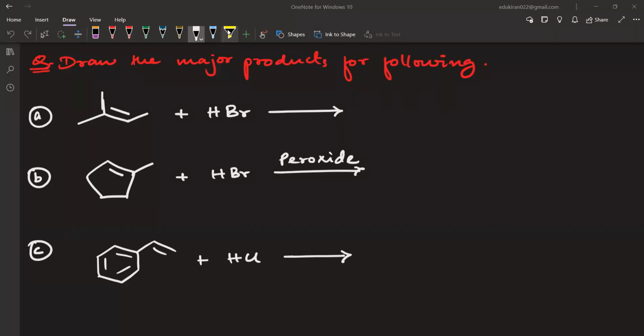HBr is obviously unsymmetrical because it has two different atoms. The electronegativity will be different, and they will have some dipole moment here. Now, how many hydrogens are there on the blue carbon, and how many on the green carbon? Similarly, you have to calculate all of these things.